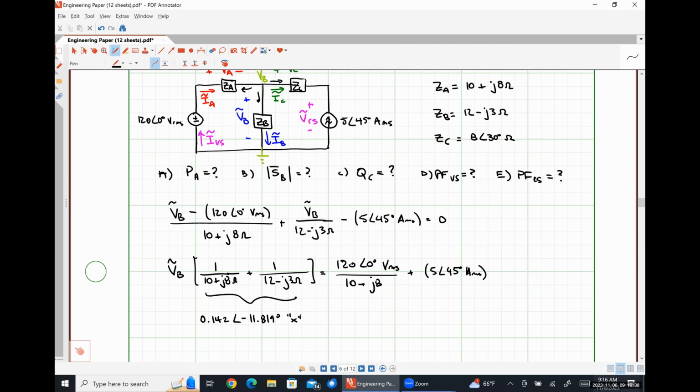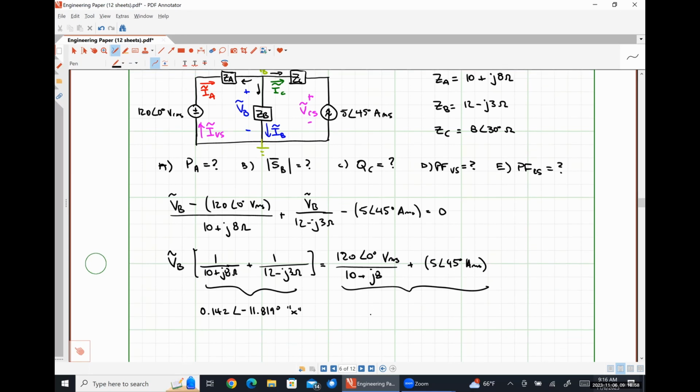I'm storing this in my calculator as X. And then all this stuff over here, 120 over 10 plus 8i plus 5 angle 45 degrees, looks like 11.097 with an angle of negative 12.057 degrees, and I'm going to store this in my calculator as Y.